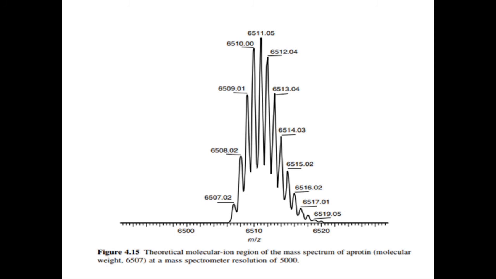The production of multiply charged ions using electrospray ionization effectively extends the mass range of the mass spectrometer by a factor directly related to the number of charges attached to the analyte molecule.